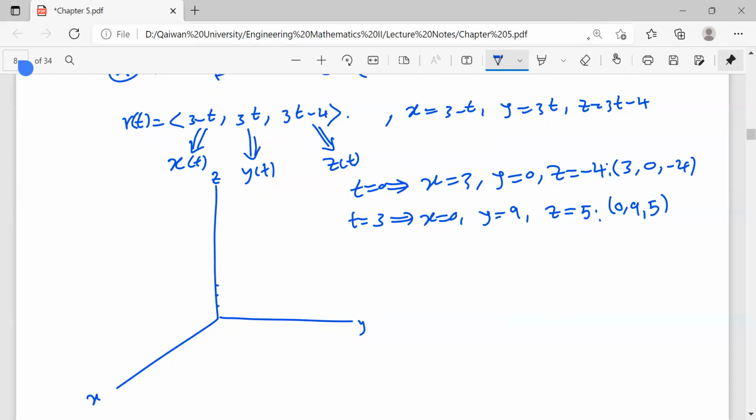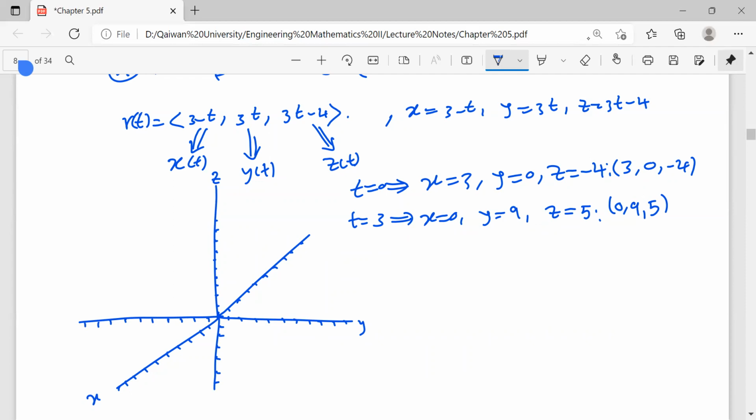Here, 1, 2, 3, 4, 5, 6, 7, 8, 9, 10, and also in the other directions. Okay, now we plot these 2 points.